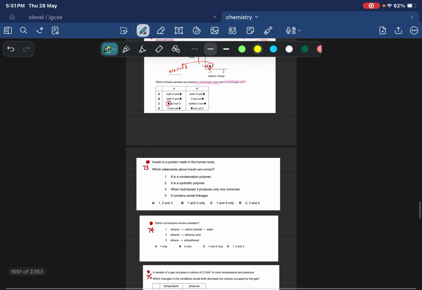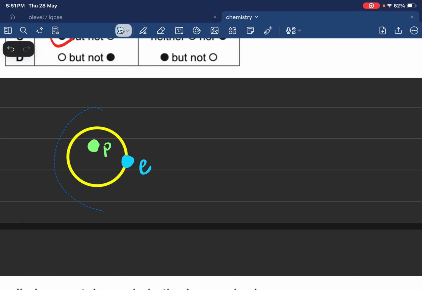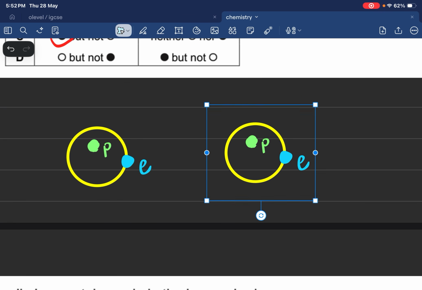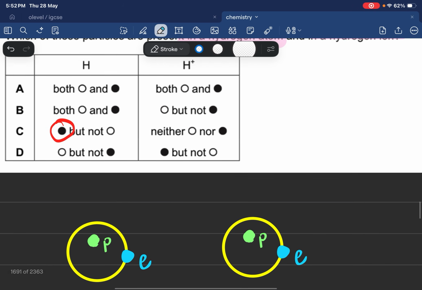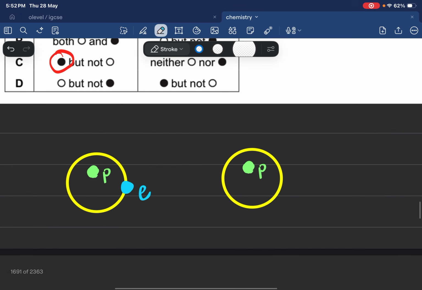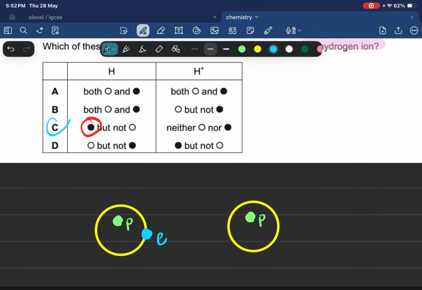That's a hydrogen atom that has 1 proton in it, and 1 electron here. Now you copy it and form a hydrogen ion. Ion means the electron says bye bye, I'm going, and you have nothing. So in the hydrogen atom you have this, but you don't have this, and in a hydrogen ion you don't have this or this, so you are gone.